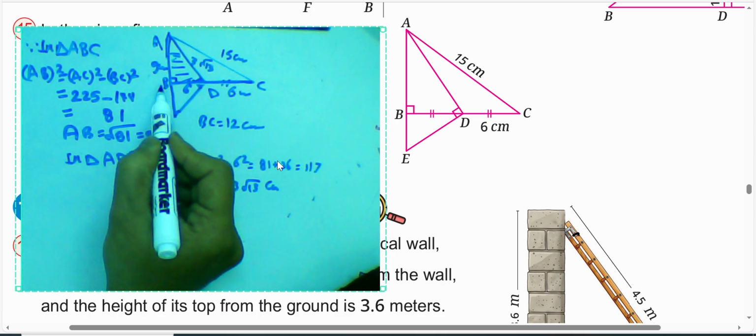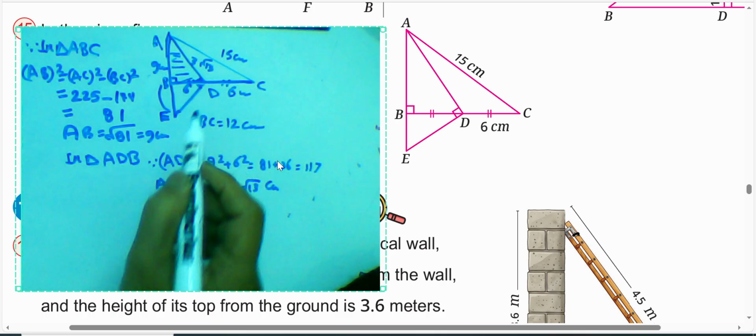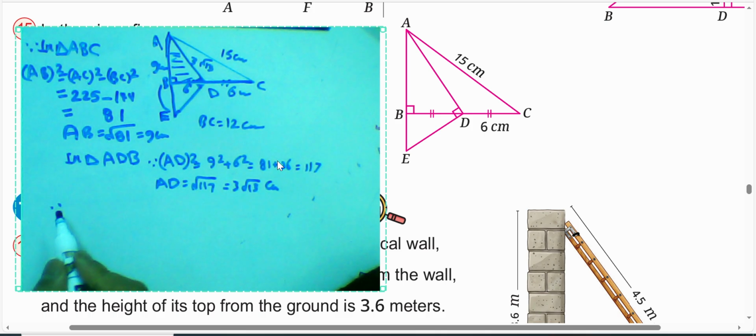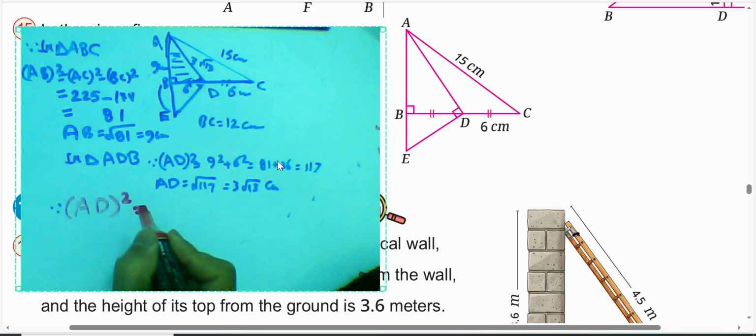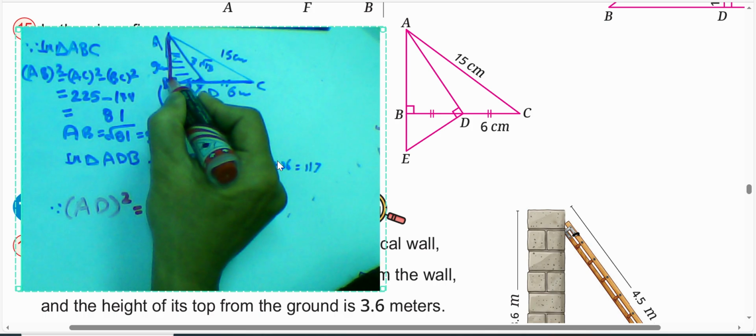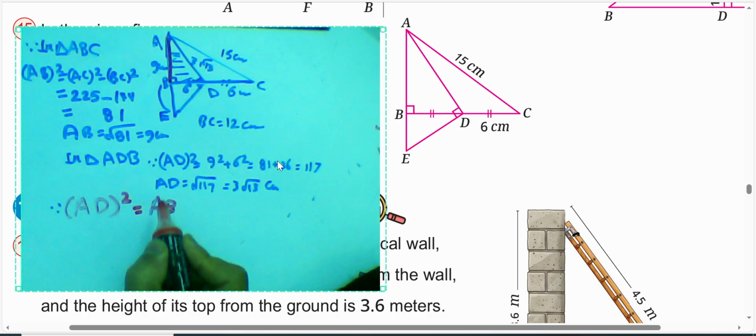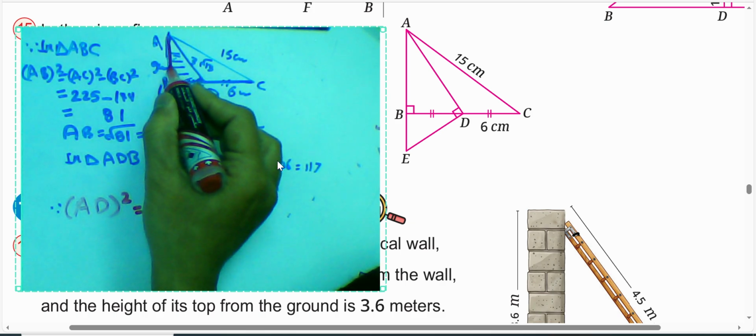We can find the length of BE. How? Find ED power 2 from Euclid's theorem, such that AD power 2 is equivalent to the hypotenuse EE product by the projection EB.